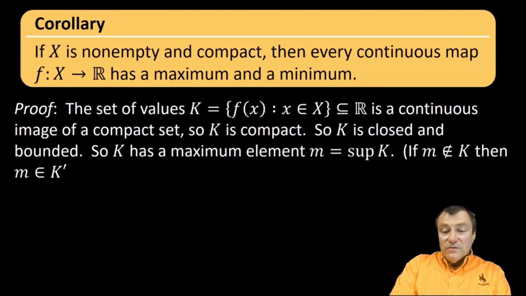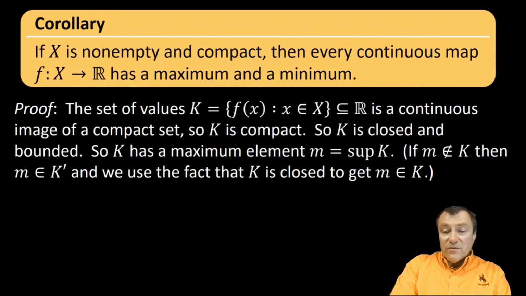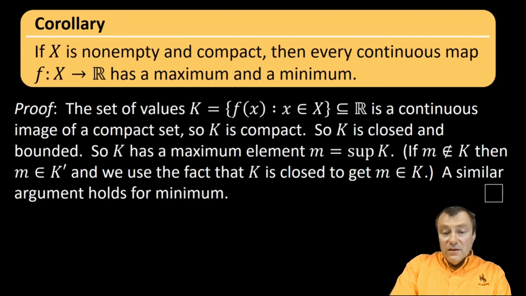So M would be a limit point of K. But then remember that K is closed, so K contains its limit points. The same argument shows that the infimum of K is also in K. So it is the minimum element of K. That's another of the theorems from Calc 1 put to rest.